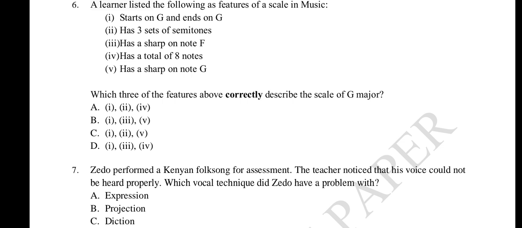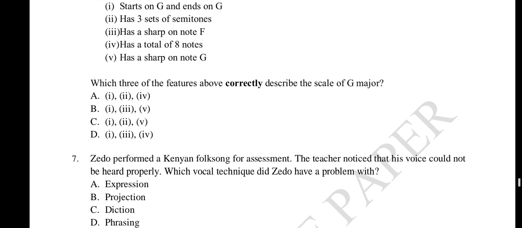Number 2, no, we don't have 3 sets of semitones. It is tone, tone, semitone, tone, tone, tone, semitone, so we omit number 2. Number 3, has a sharp on F, that is correct, and the last one, has a total of 8 notes. So it is 1, 3, and 4. The correct answer is G, 1, 3, and 4. It doesn't have a sharp on note G.